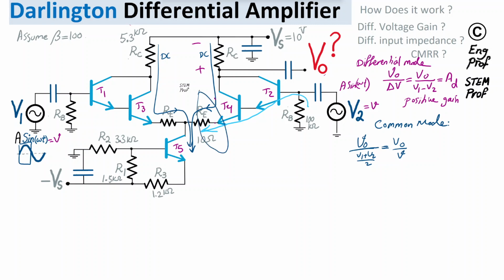So we have additional current going through T4 and T2, which means we are also having additional AC collector current going through RC. This time it is causing a voltage drop like this, which counters the voltage drop for V out. So therefore the common mode gain with this definition here is a negative gain, which is referred to as AC, a common mode, is a negative gain.